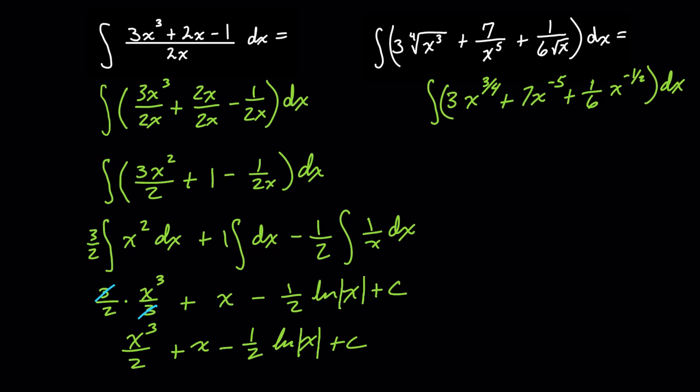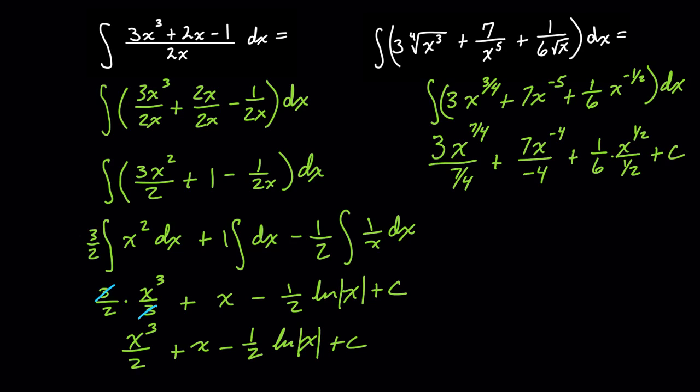All right, so doing the antiderivative here, you're going to add 1 to the exponent, which means you're adding 4/4, giving you 7/4, and that would be over 7/4, plus 7x to the negative 4 over negative 4, plus 1/6 x to the positive 1/2 over 1/2 plus c. And then we simplify this thing.